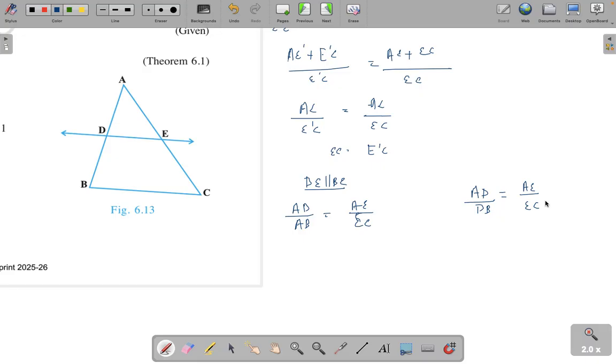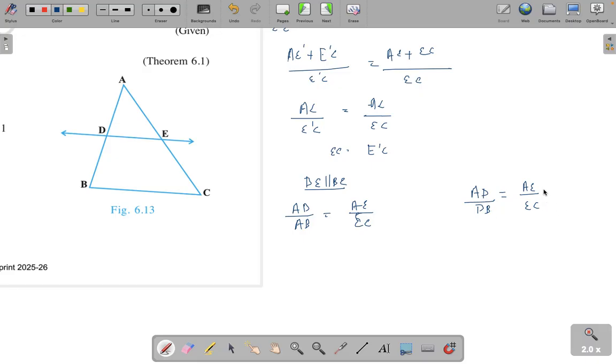You already proved BPT earlier, so you don't have to prove it again in every question. Until and unless you are explicitly asked to prove BPT, you don't need to. So you can say AD upon DB is equal to AE upon EC, right?